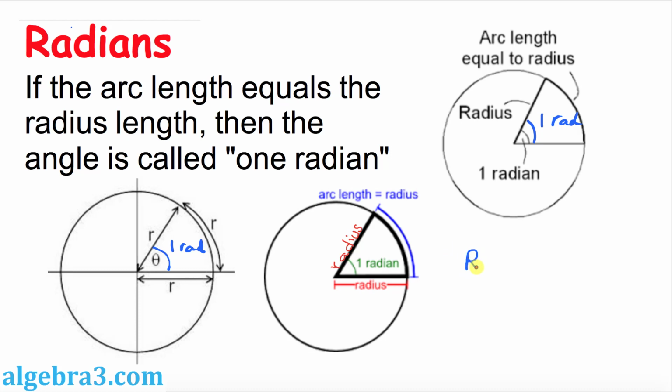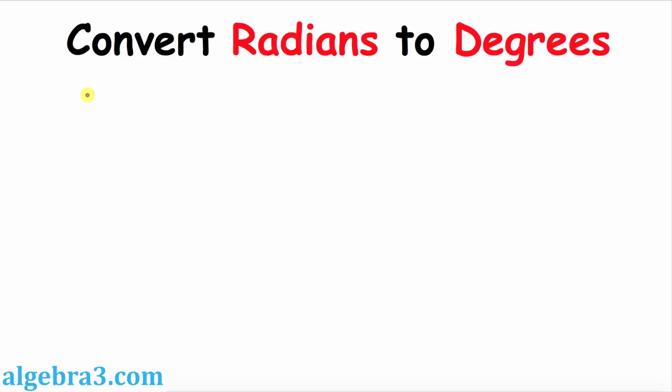Always remember, RAD stands for radians. All the radians are represented by pi, so usually we're going to be calling them pi radians.